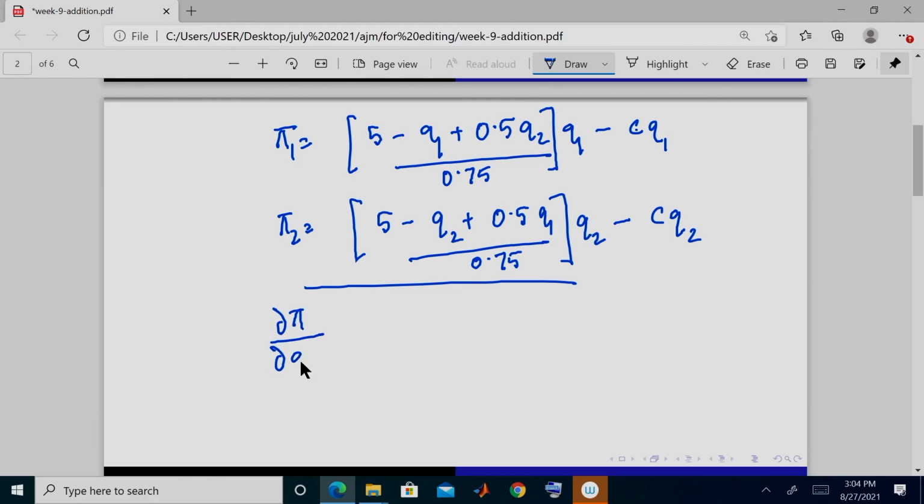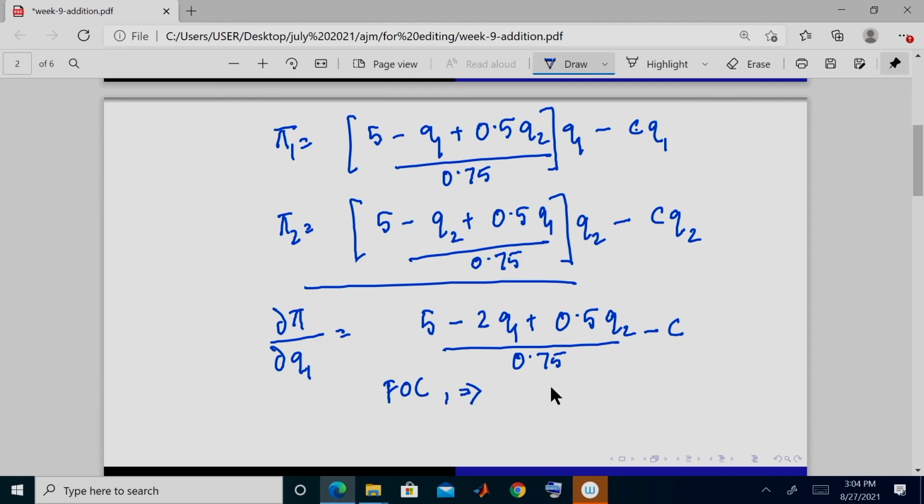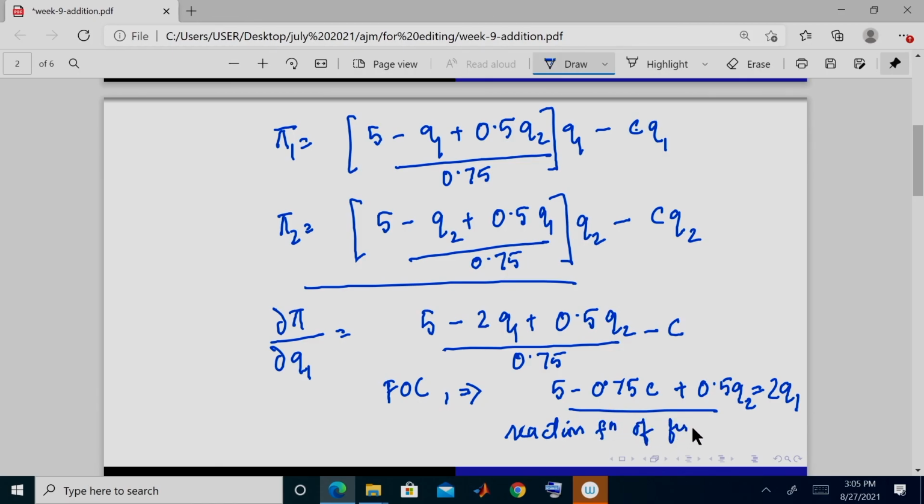So, if we take this, the first order condition is going to give us this, so this is the reaction function of firm 1 given output of firm 2, Q2.